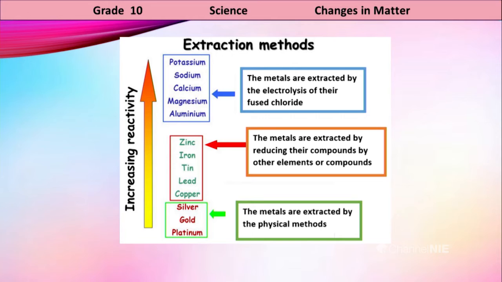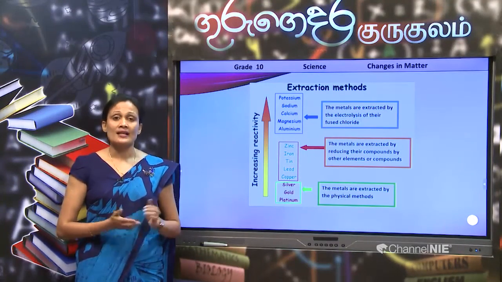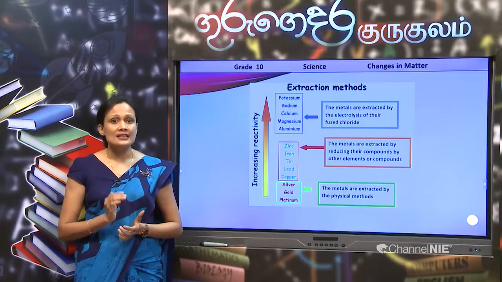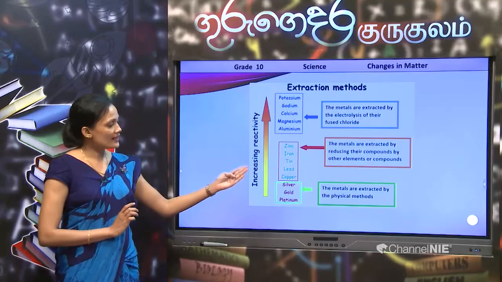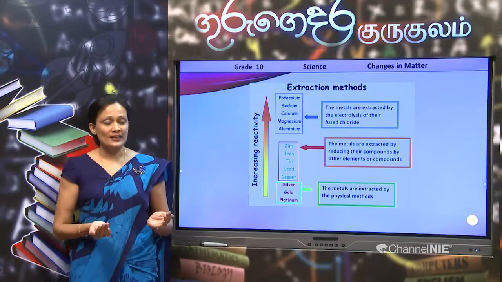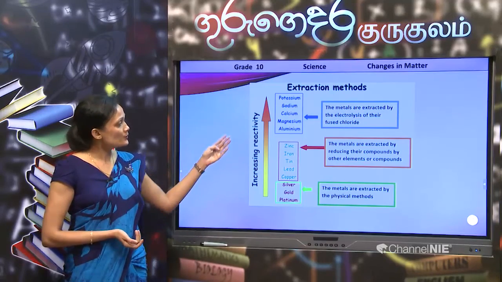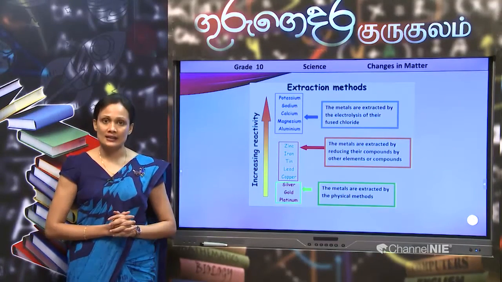Middle reactivity metals, zinc, iron, tin, lead, copper, we can extract by reducing their compounds with other elements or compounds. Silver, gold and platinum are present in nature as native metals, so we can extract these metals by simple physical methods. Likewise, we can identify the extraction method of metals by using the order of metals in the reactivity series.